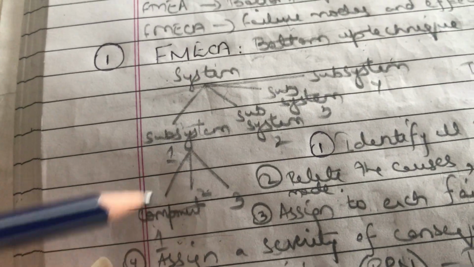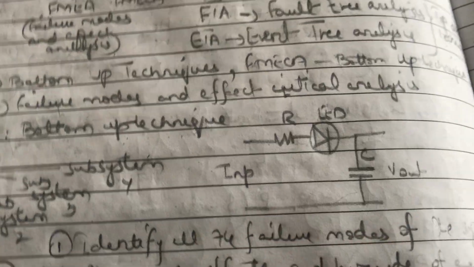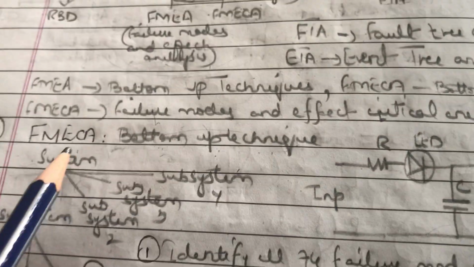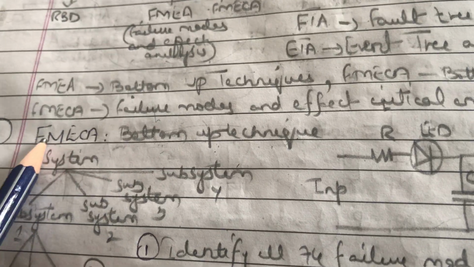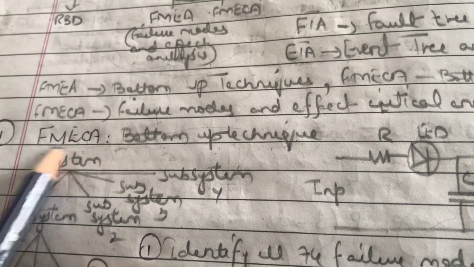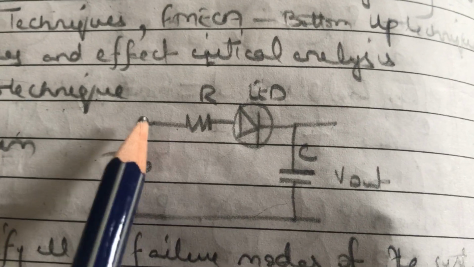So first we are going to see our components in our circuit. In this video we are going to describe in detail FMECA, and the method of doing it. Suppose we have a circuit.